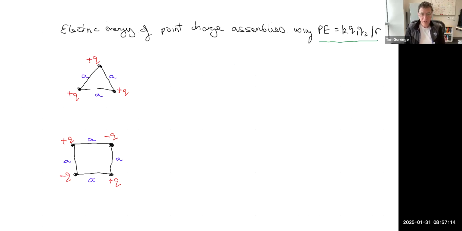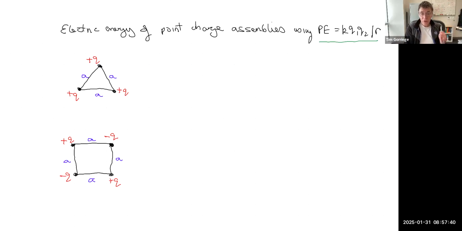This equation can be proved, established, by actually assembling the arrangement of 2 charges. So you could imagine assembling 2 charges on your benchtop by bringing in 1 charge from far away, placing it on the benchtop, bringing in the second charge from far away, placing it on the benchtop.